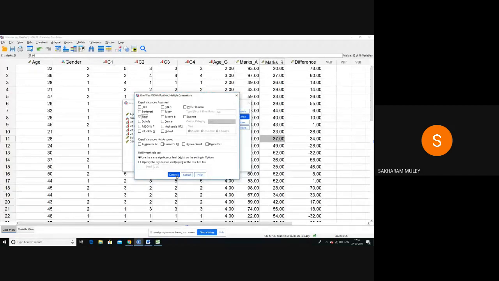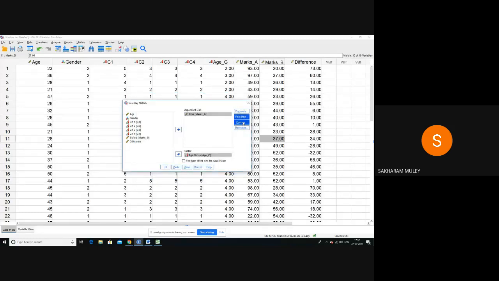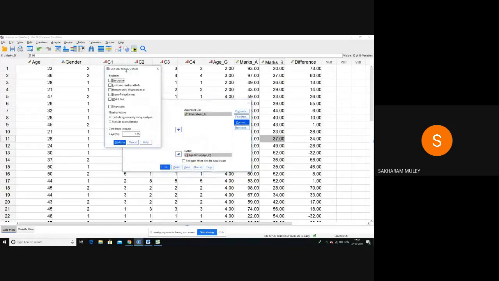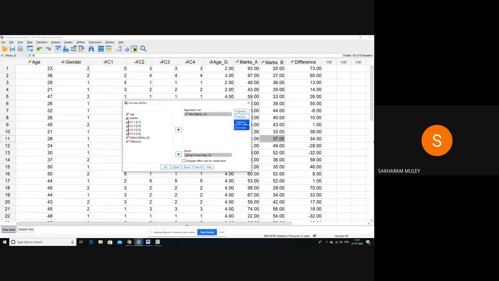Under Options, if you want descriptive, means plot, or Welch statistics you can select them, but we will have just descriptive and means plot. The confidence level is 95. This is very essential; you have to mention 95% here. Let us click OK.